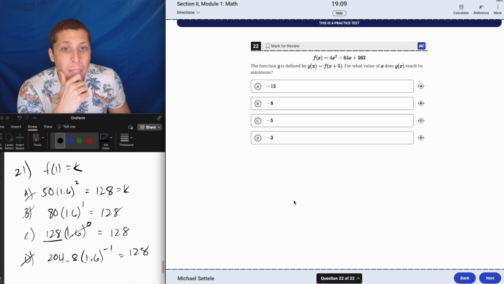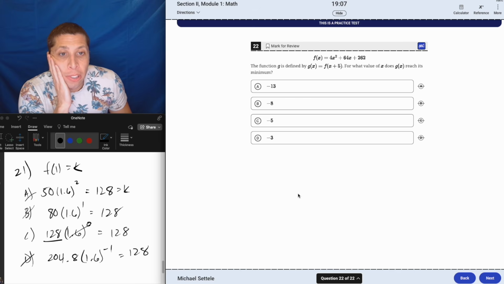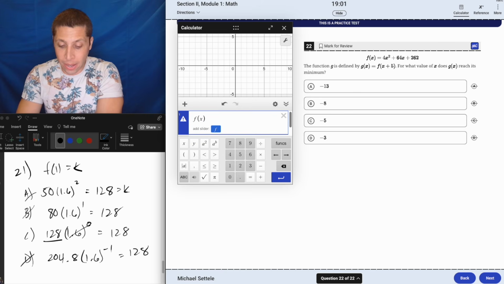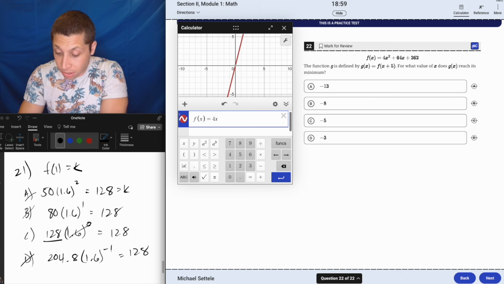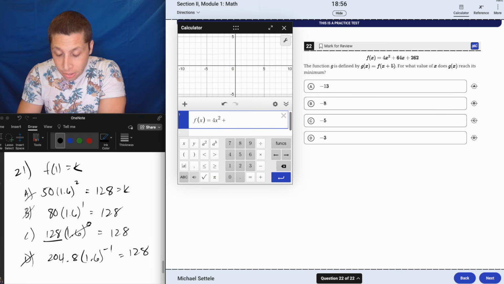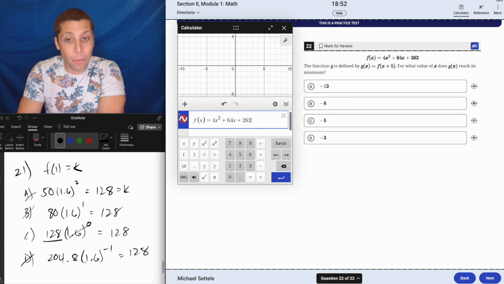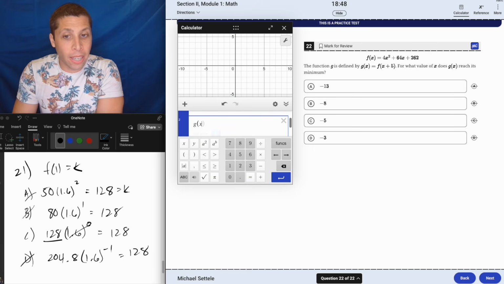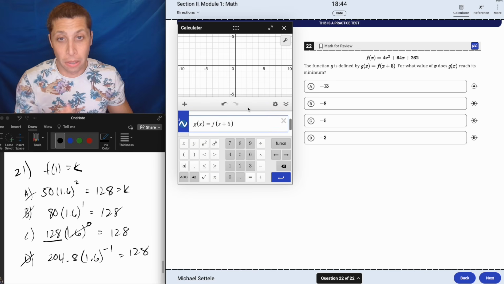Okay. For what value of x does g(x) reach its minimum? All right. Perfect. I have not used Desmos at all. This is a perfect one to do it. f(x) equals 4x squared plus 64x plus 262. Cool. g(x) is equal to f(x) plus 5.